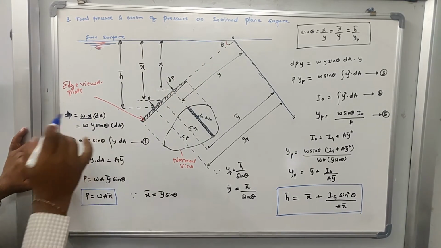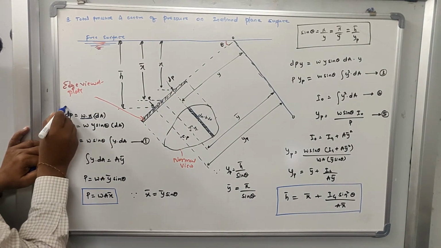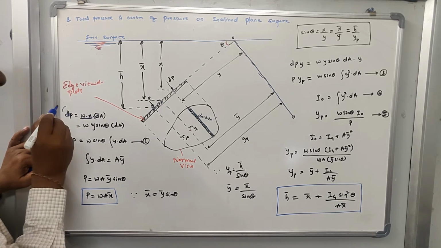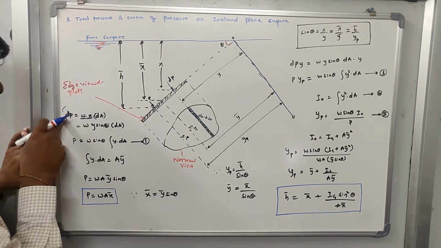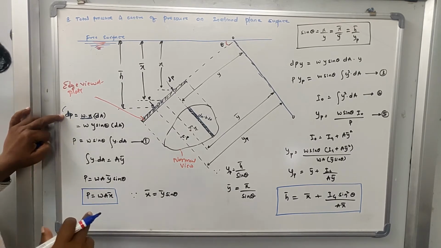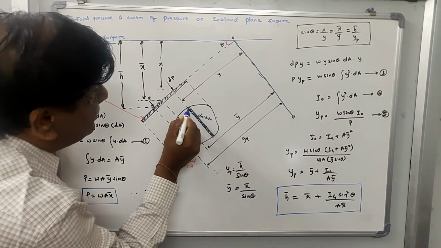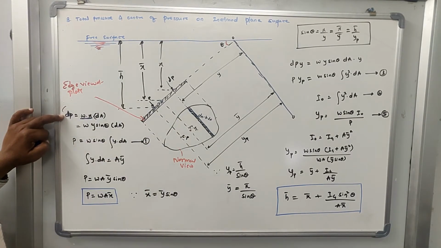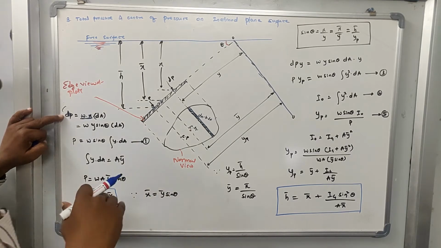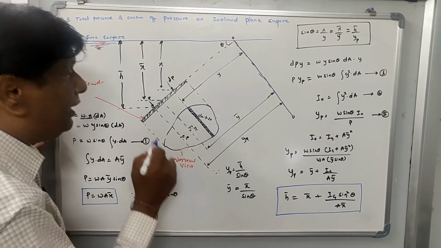So this dP is the total pressure exerted by the static mass of fluid on this small strip. Now what is the total pressure exerted by the static mass of fluid on this entire plate?